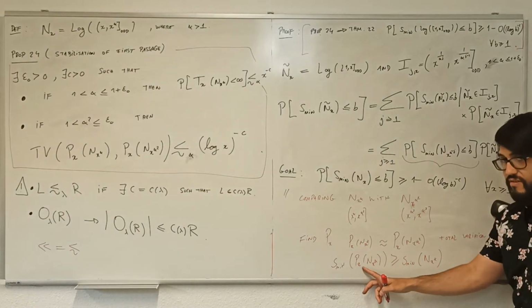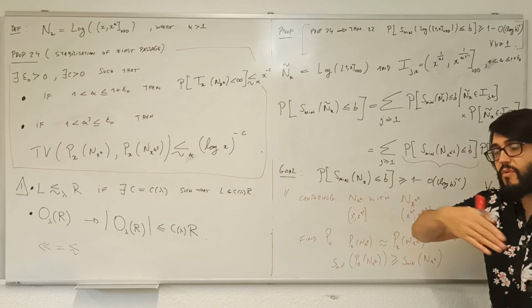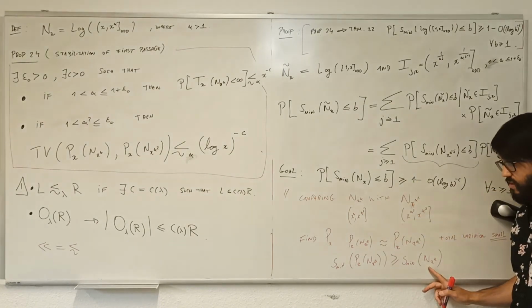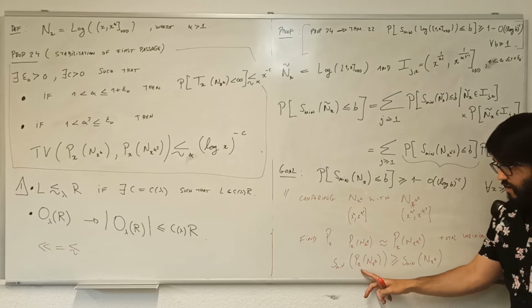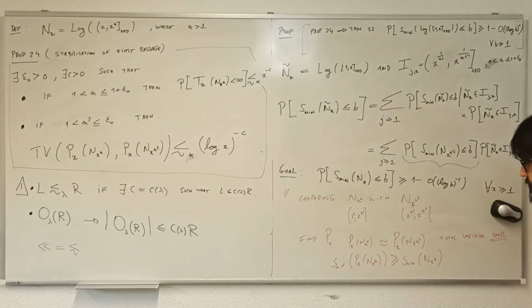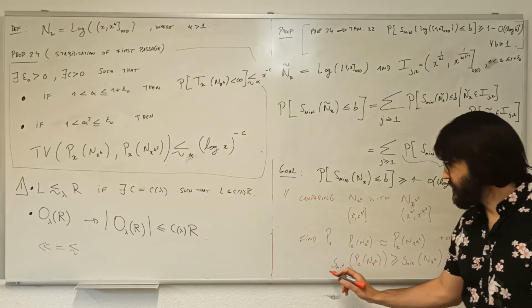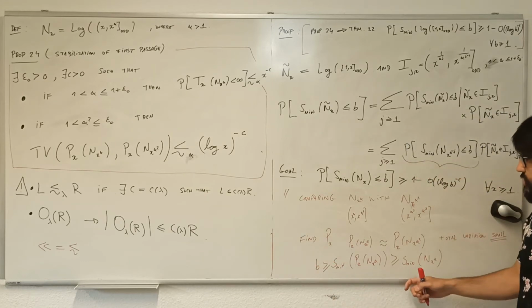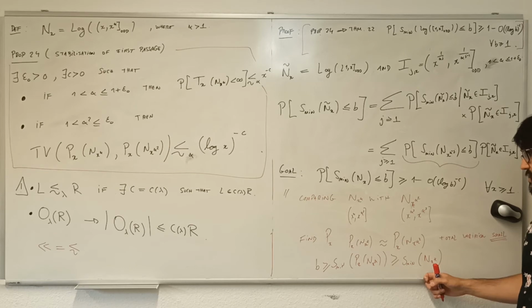It's just that in here you're taking a minimum from a starting point which is not 0, and here you're taking a minimum from the starting point which is 0. Therefore, the min here can be larger. So if this thing is less or equal than b, then this thing here is less or equal than b.